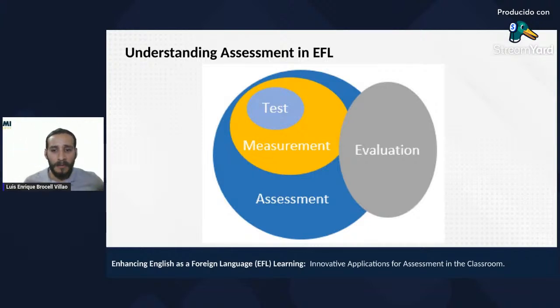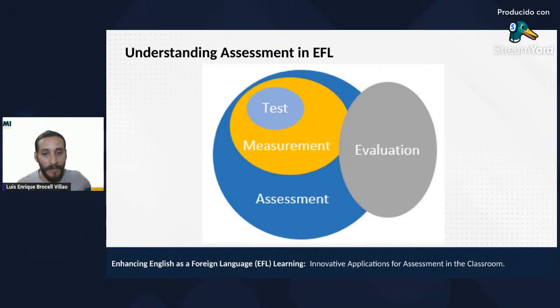Measurement can be obtained through various assessment methods. We can use tests, we can use observation, and we can use surveys. Measurement, you can notice, is not graded. With tests, we have multiple choice exams, essays, demonstrations, performance assessment, and every one of them is graded.